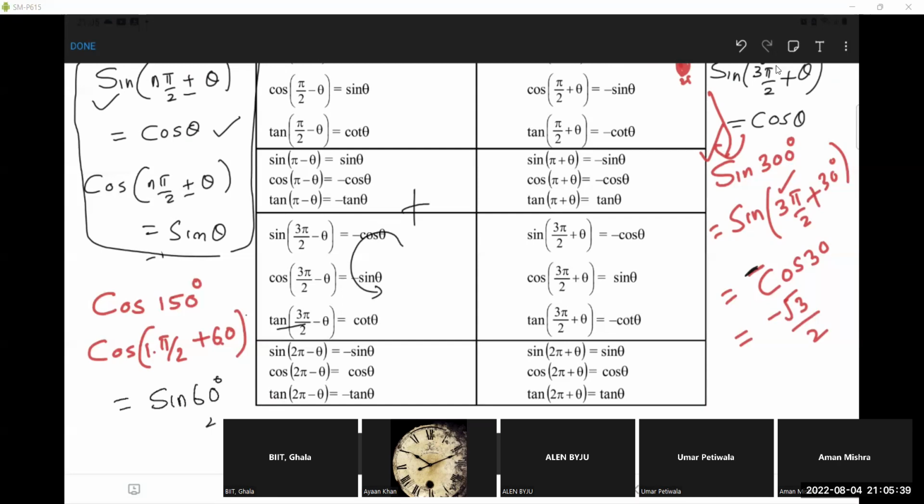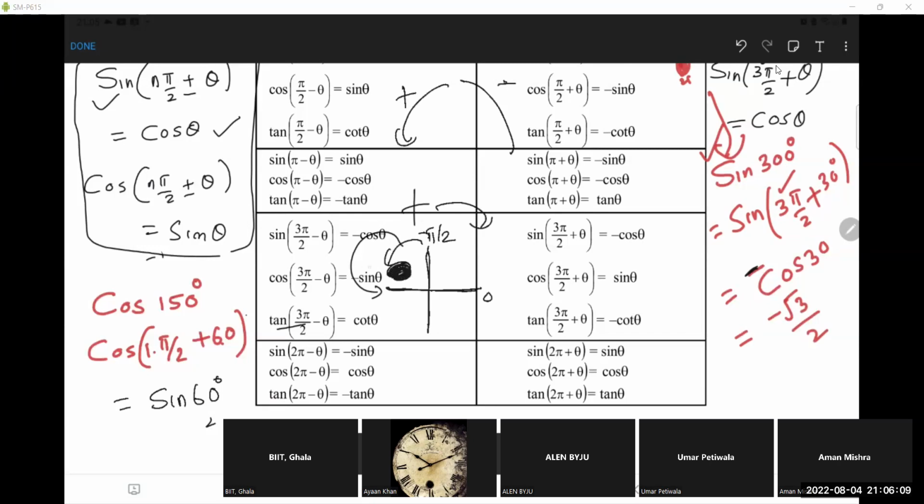Now, look at the sign, whether it is a plus or minus. How do you know that? You can take one quadrant here. Where is pi by 2? This is 0. This is pi by 2. Pi by 2 plus means clockwise movement. Minus means opposite movement. This is plus. This direction is minus. So plus means you are in the second quadrant.